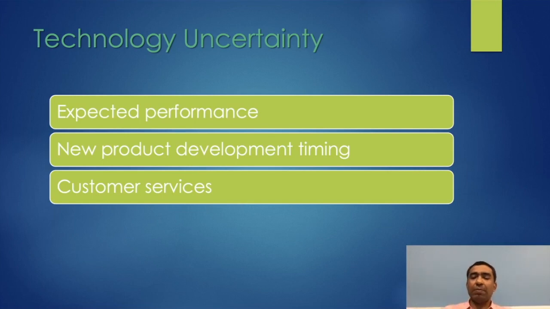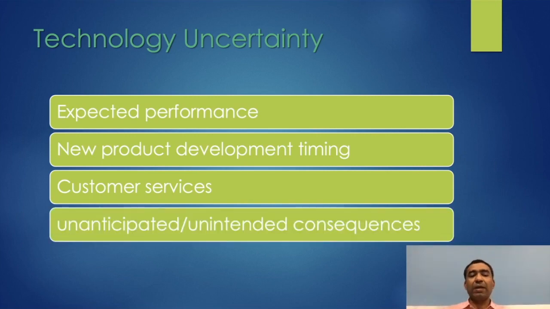Customer service is dependent on the technology, and people have this misconception that maybe the technology is not suitable to solve their problem, or maybe this technology is not going to work for us. These challenges and thoughts that come into the customer's mind clearly produce technology uncertainty.